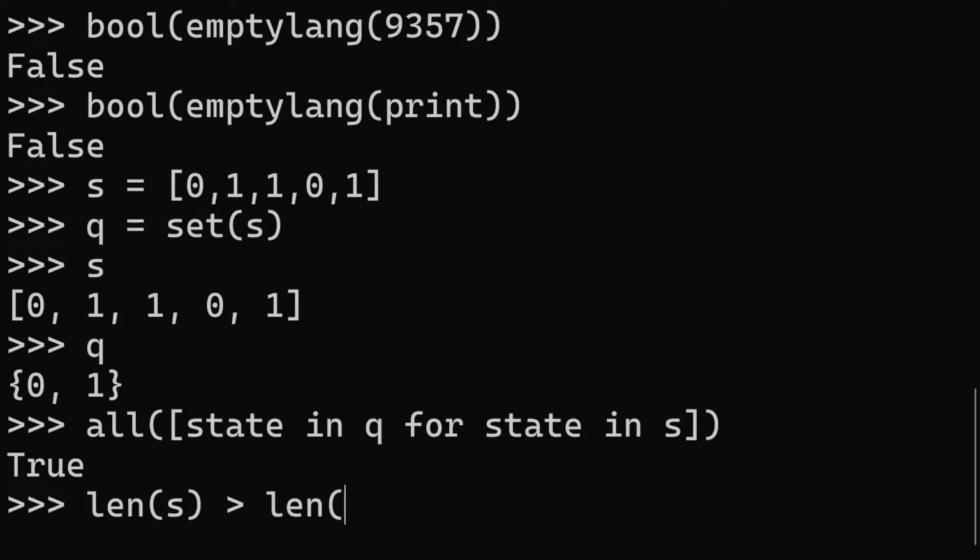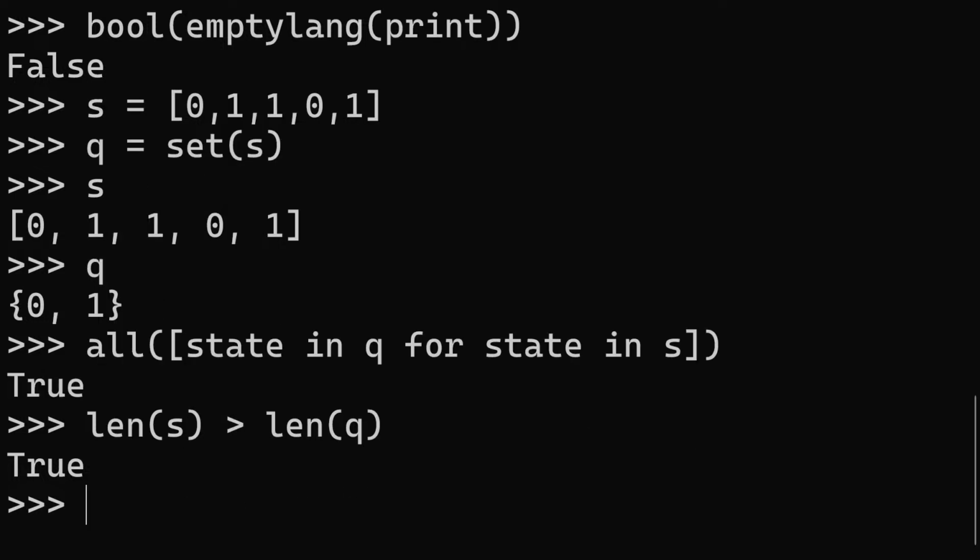I don't know if you can do length of set, right? So everything in here is in here, even though this is bigger than that. That's the trick.